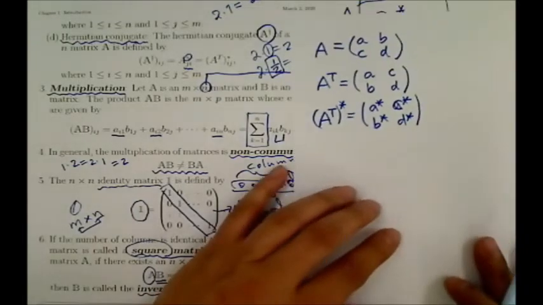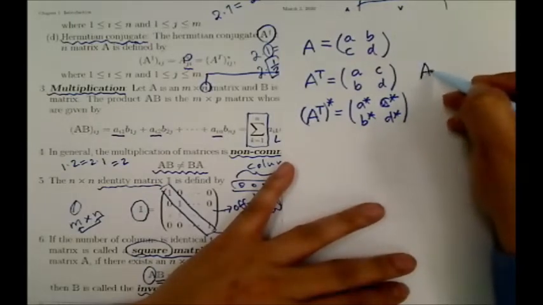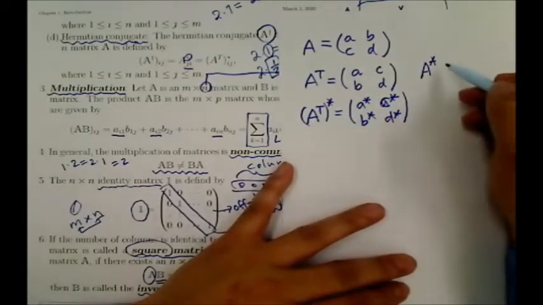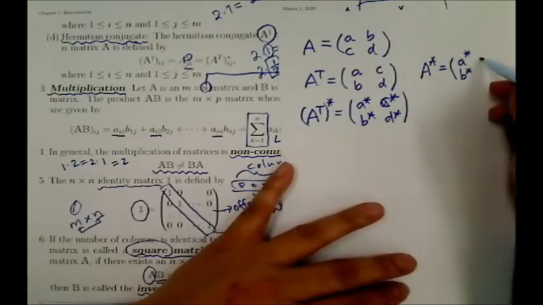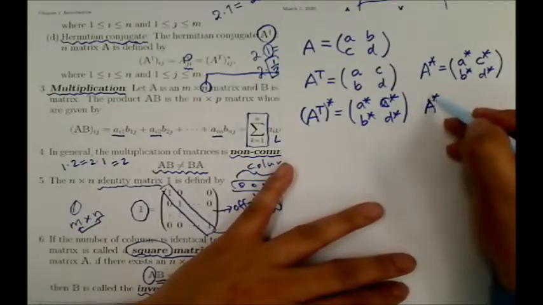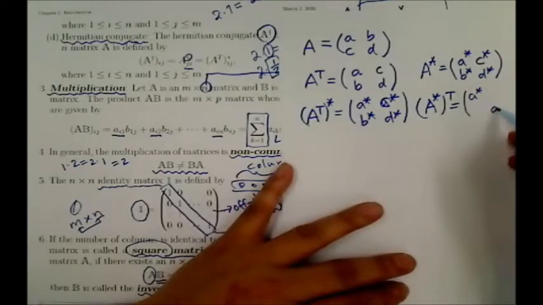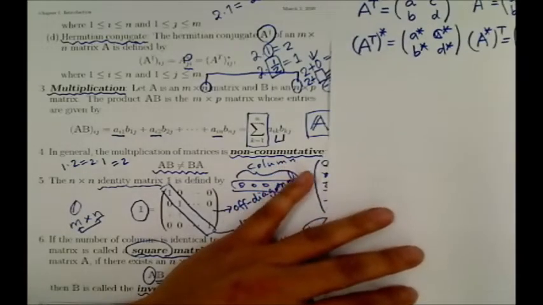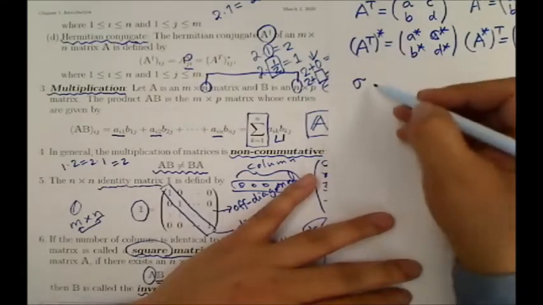This operation can also be obtained by taking the complex conjugate first, and then take the transpose. Okay. For example, I have a Pauli sigma matrix, sigma 2.